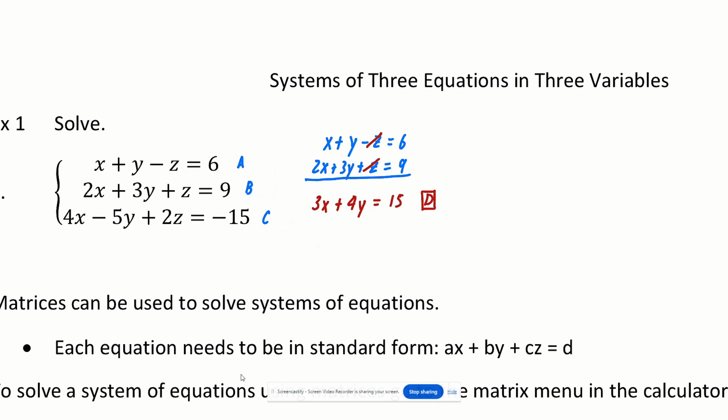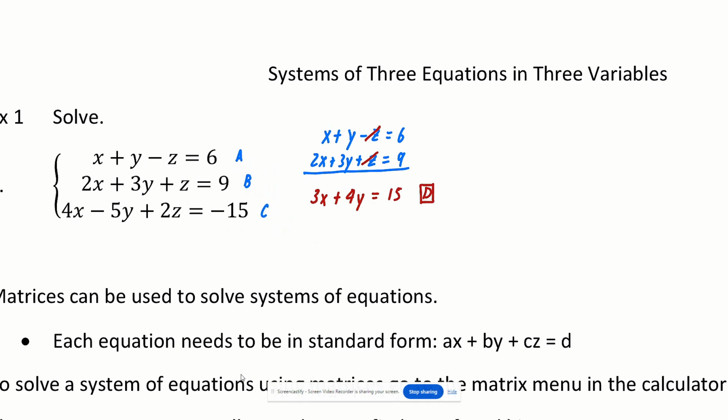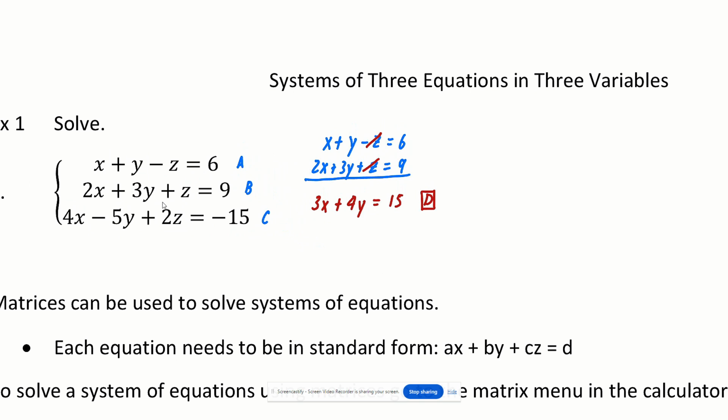It's new. Now, we've got to do the same thing, but here's the deal. I can't use A and B again because I just used them. I could use A and C, or I can use B and C. But I want to use those two in order to get rid of the same variable.